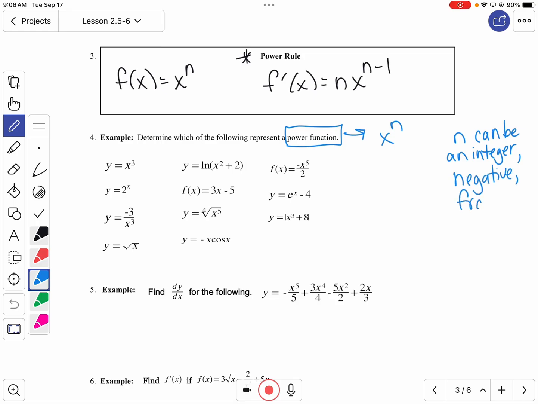It can be a fraction, right? Those all still represent power functions. So x to some power is a power function, right? So we're trying to figure out which of the things below are actually power functions that I could use this rule on, okay? Because it only works on power functions. Take a second look through this. Which ones are going to work?